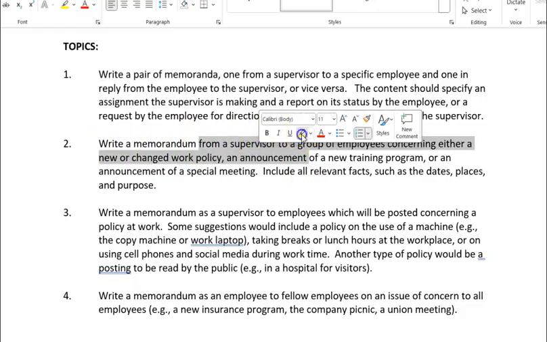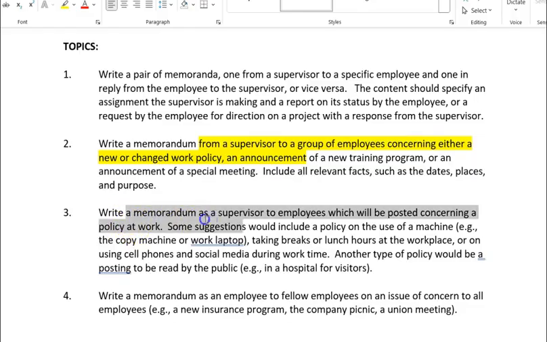So notice for number 2, you are a supervisor and you are writing your business memorandum to a group of employees. For topic 3, you are also a supervisor sending a memo to a group of employees, but about a different type of subject matter.